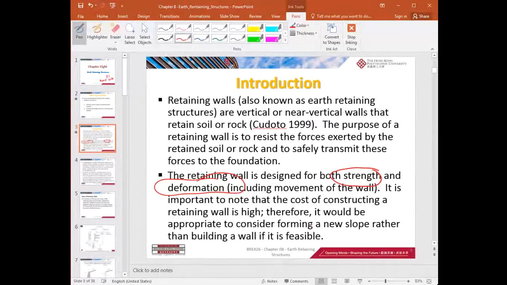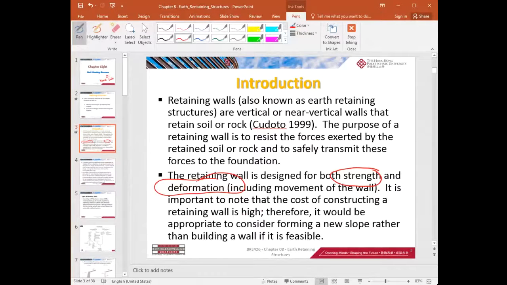In Hong Kong, we are short of flat pieces of land, so the government and the developer are trying to cut pieces of land into slopes. And of course, the slope will finally be either supported by a retaining wall, or you have to cut a very steep slope and then apply slope stabilization measures.